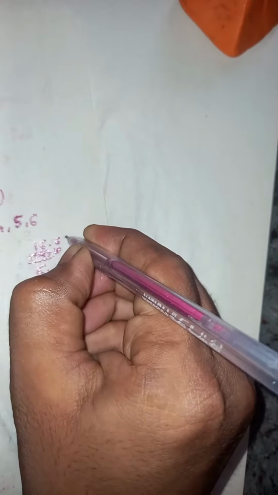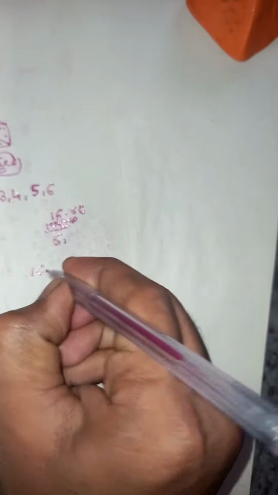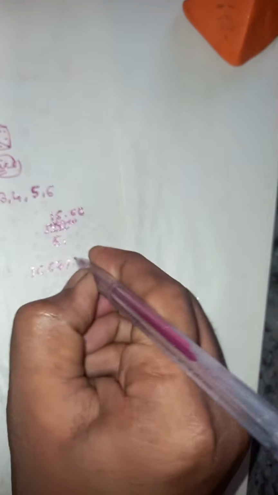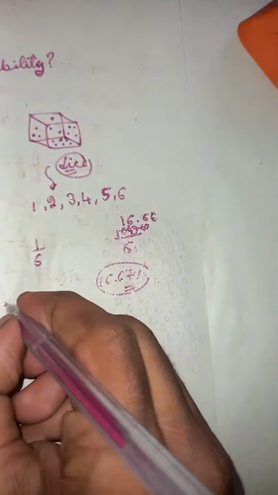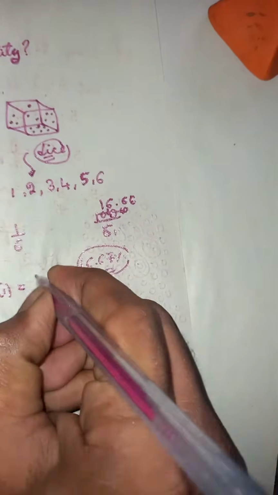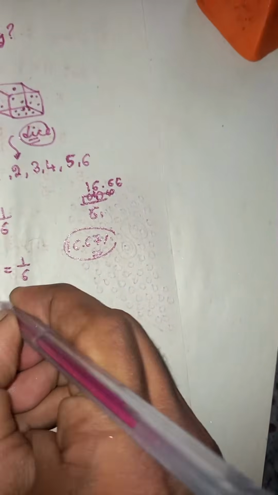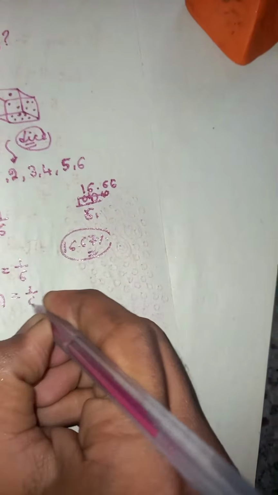Each number has a probability of 16.67%. So the probability of getting 1 is 1 by 6, the probability of getting 2 is also 1 by 6, and the probability of getting 5 is also 1 by 6.